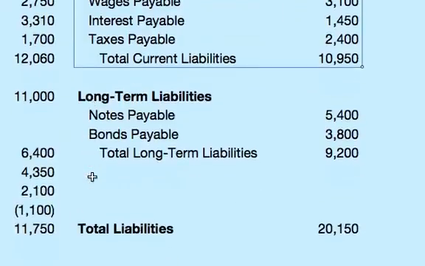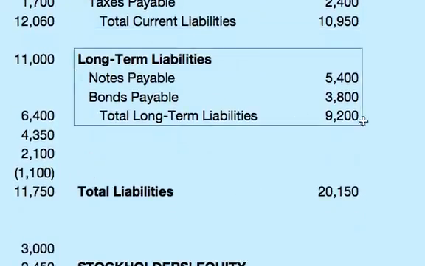And then you have long-term liabilities, which are liabilities that don't need to be satisfied within the next year. And so that's things like notes payable, bonds payable, any major loans, or just any liabilities that don't need to be paid off within the next year.